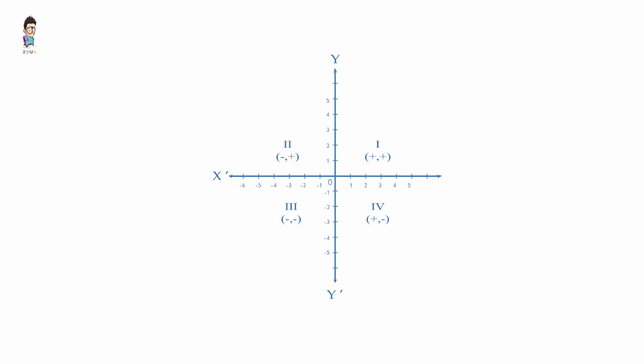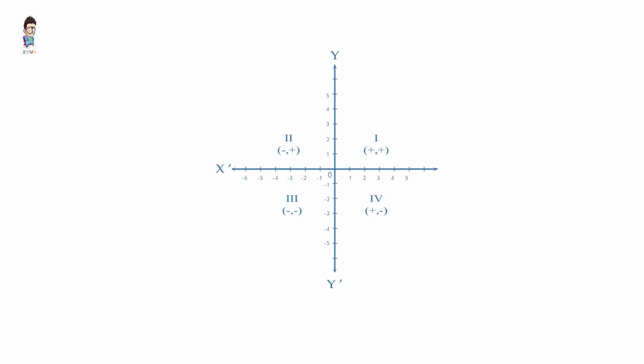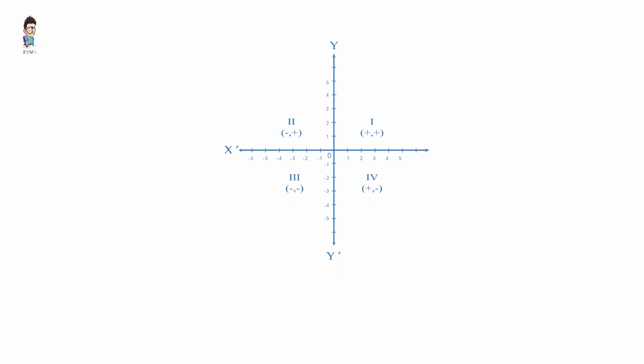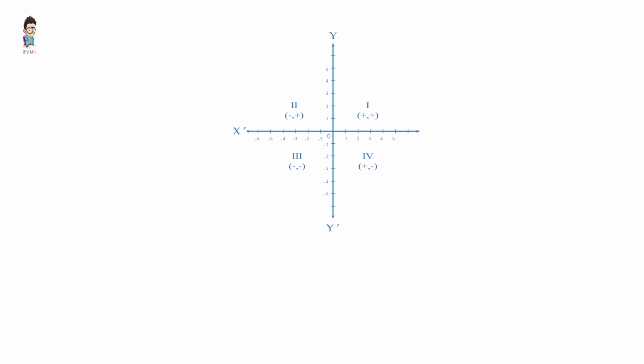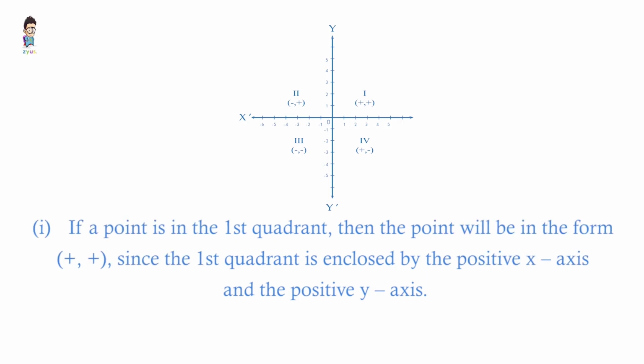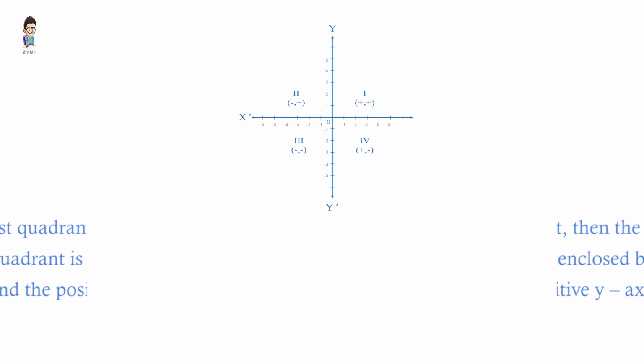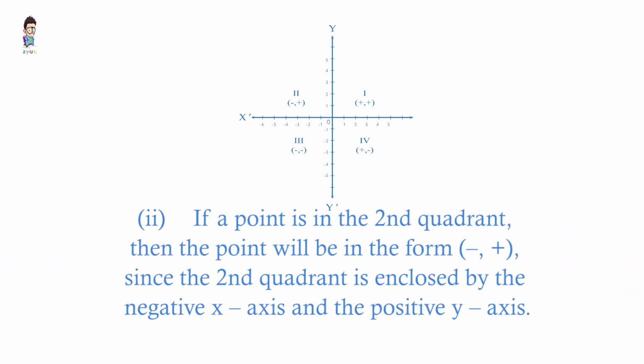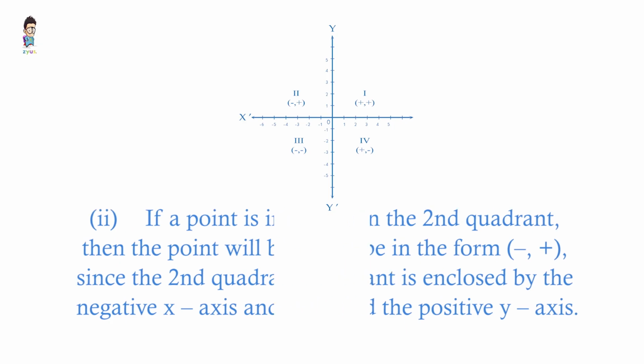In the examples above, you may have observed the following relationship between the signs of the coordinates of a point and the quadrant in which it lies. If a point is in the first quadrant, then the point will be in the form +, +, since the first quadrant is enclosed by the positive x-axis and the positive y-axis. If a point is in the second quadrant, then the point will be in the form -, +, since the second quadrant is enclosed by the negative x-axis and the positive y-axis.